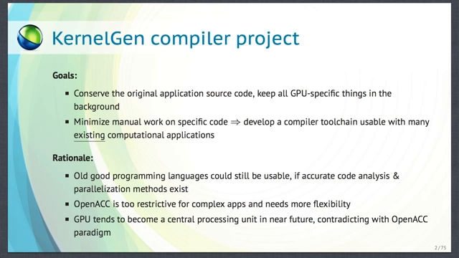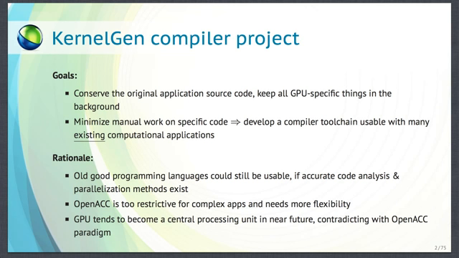It allows a developer to manually insert annotations on existing source code that point out to the compiler the regions of code to be taken onto the GPU. Internally, for the compiler, these directives work as hints to perform automatic analysis of computational loops and perform GPU code generation underneath.